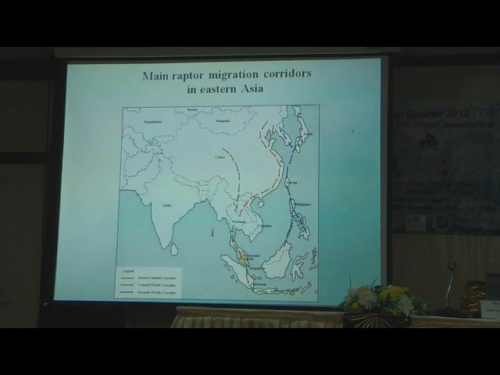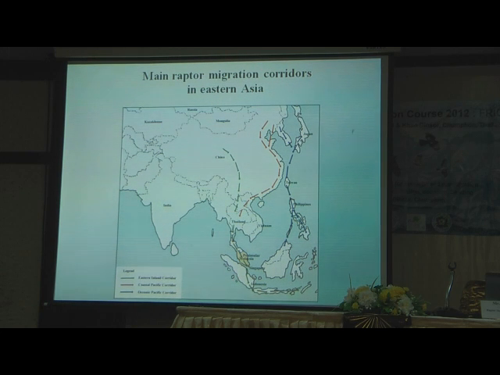Okay, the migration routes of many of the raptors are not well known. The slide shows the general understanding of the three main routes or the main flyways that raptors in East Asia take from their breeding areas down to wintering areas.